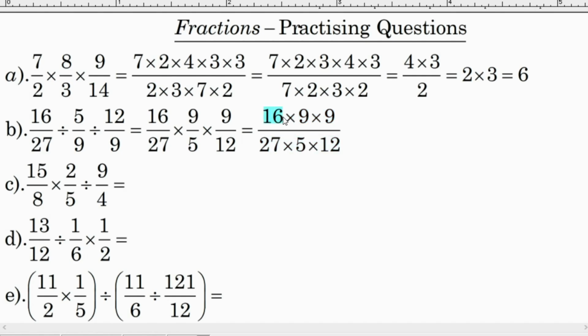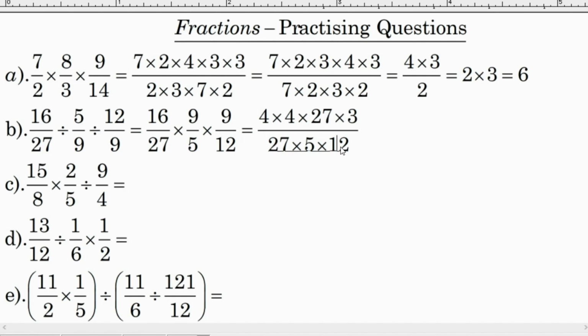16 here we can write as 4 multiplied by 4. And here 9 multiplied by 9 can be written as 27 multiplied by 3. I want to write that 27 at the numerator and 27 at the denominator, so we can simplify them with each other.